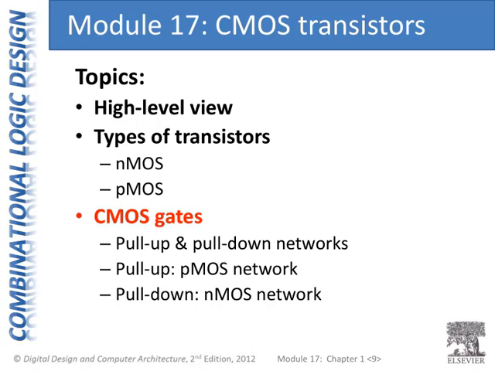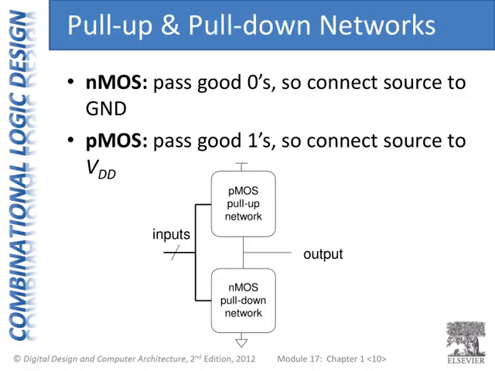The pull-up network is always, always, always made from PMOS transistors. The pull-down network is always made from NMOS transistors. So here's an overall picture of what our gate is going to look like. We're going to go through some examples and then come back to this slide, because this is an overview picture. It will make more sense once we do some examples.